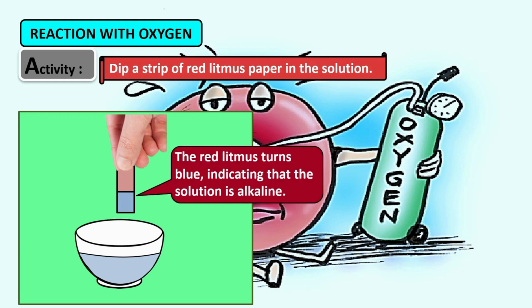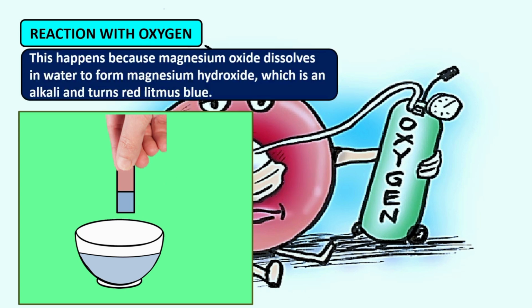The red litmus turns blue, indicating that the solution is alkaline. This happens because magnesium oxide dissolves in water to form magnesium hydroxide, which is an alkali, and turns red litmus blue.